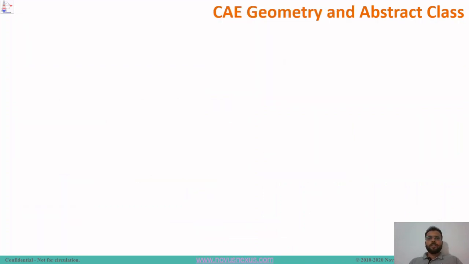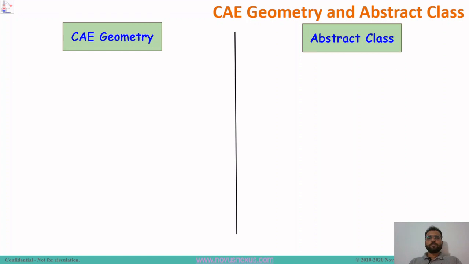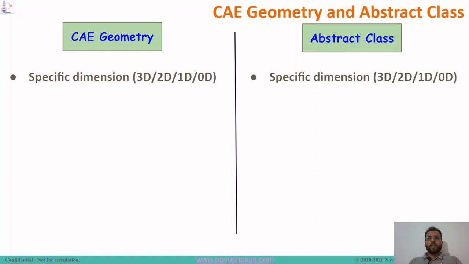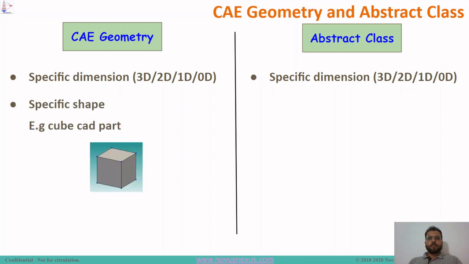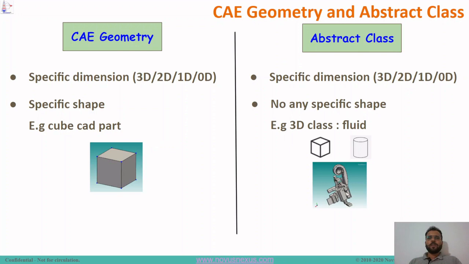We have already seen some details of CAD geometry and abstract classes. A quick comparison is shown here. Both CAD geometry and abstract classes have specific dimensions, like 3-dimensional, 2-dimensional, 1-dimensional and 0-dimensional. But CAD geometry has a specific shape, and abstract classes do not have any specific shape until we use a specific geometry with the abstract classes.